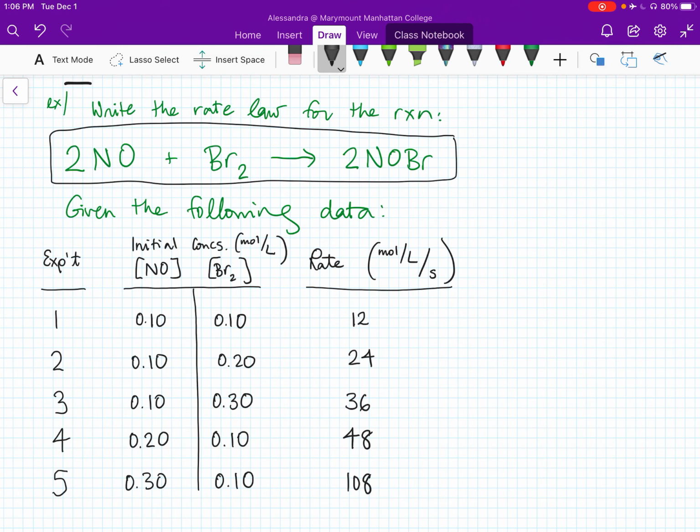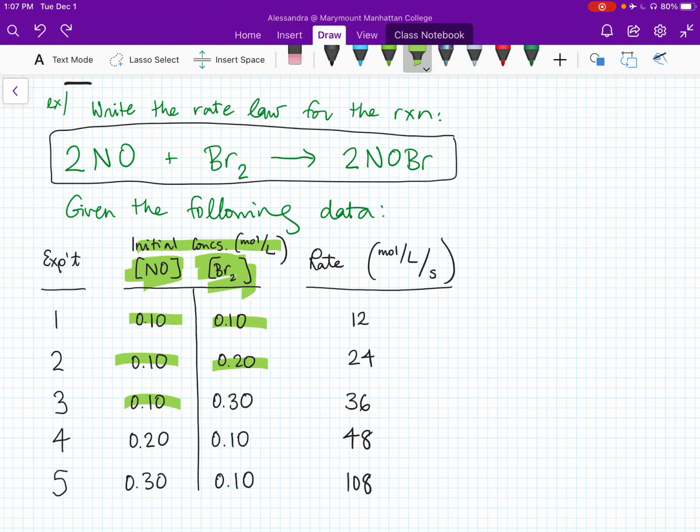Five experiments were done running this reaction with different initial concentrations of each of the reactants, the NO and the Br2. You'll notice in some of them, the NO was held constant while the concentration of the other one, the Br2, varied. And in others, the concentration of the bromine was held constant while the concentration of the NO was varied. That is the key to doing a successful kinetic experiment.